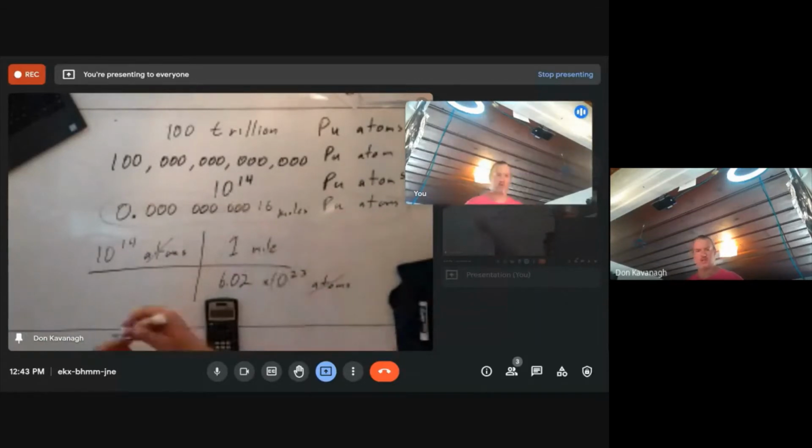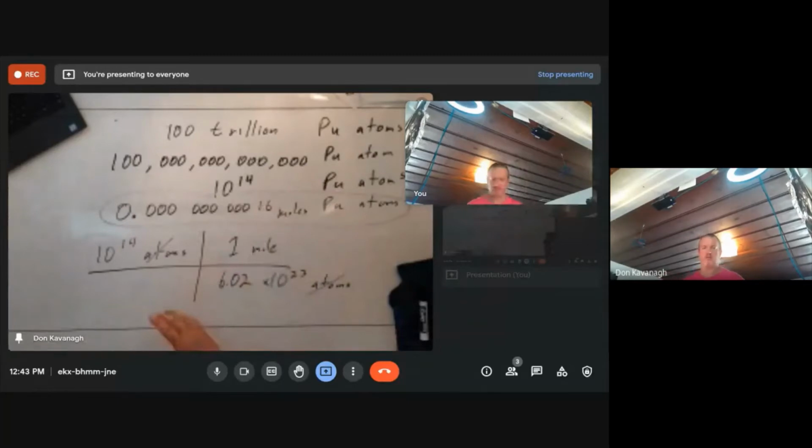Now this unit of moles is helpful because there is a unit on our periodic table that relates the moles of an element to its mass in grams, how much it weighs. On our periodic table, there is a number below every atom that has the units of grams per mole.